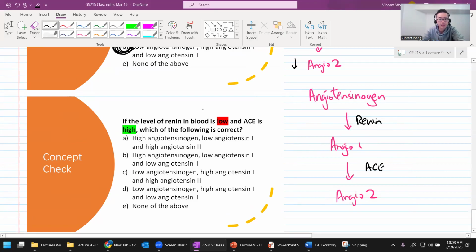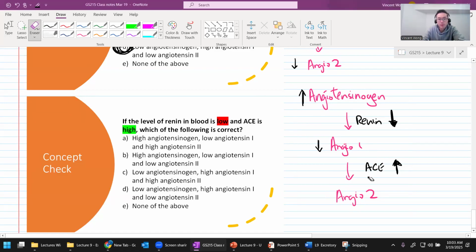Let's see. Here we have low renin. That's what it says. Low renin and high ACE. So if you have low renin, then angiotensinogen is not going to get converted into angiotensin 1, right? So this stuff is going to be high and this is going to be low.